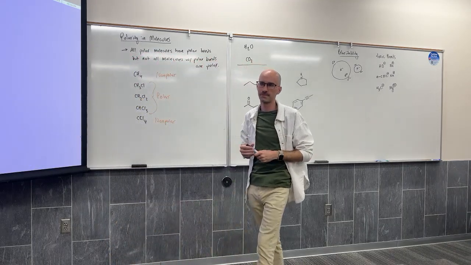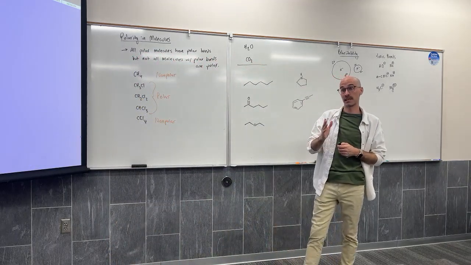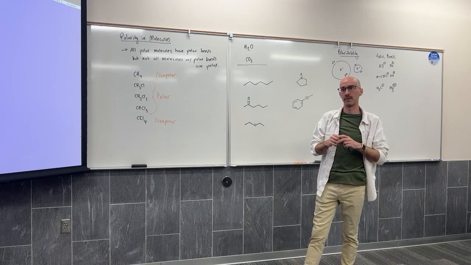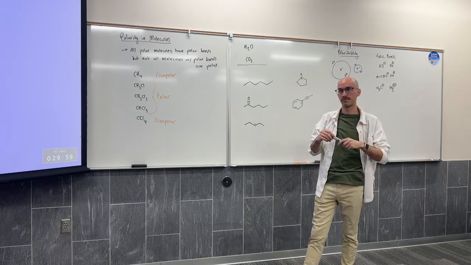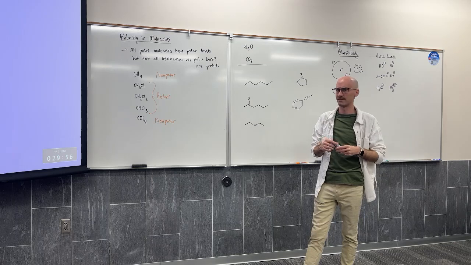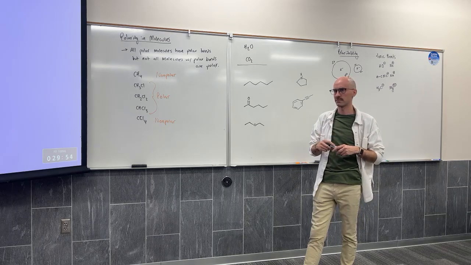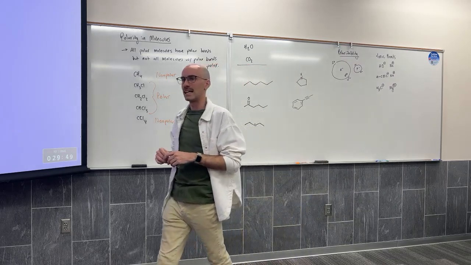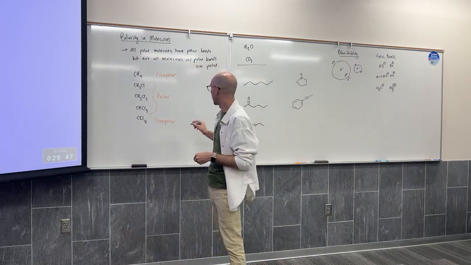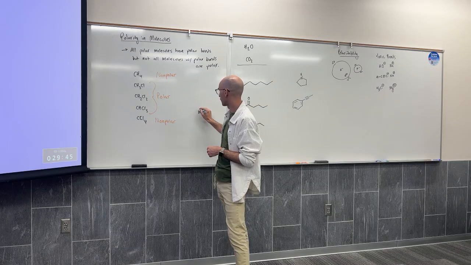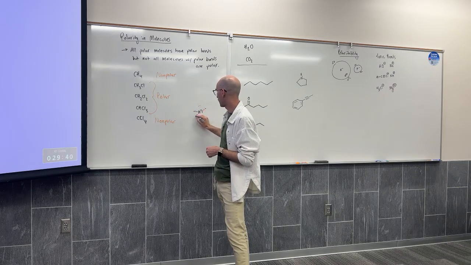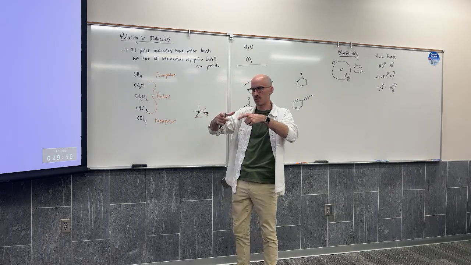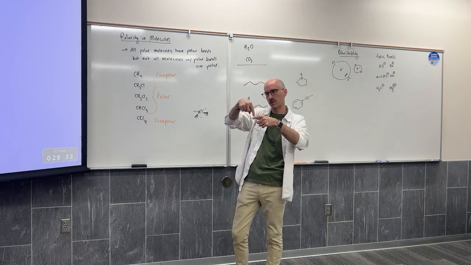Okay, you're right, I forgot I had done that. It's rare that they would cancel each other out, quite honestly, unless it's truly linear. If you have a metal atom, you can put a lone pair above and below, and then you can have things in a plane in a square orientation.